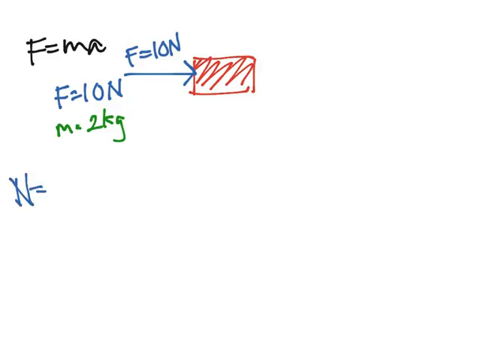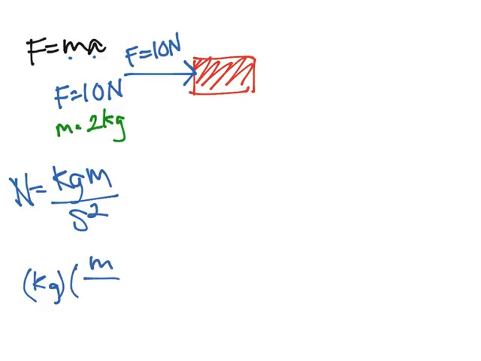Newtons is equal to a kilogram meter over second squared, which if you look at your formula, that makes sense because you're going to have mass, which is in kilograms, times the acceleration, which we know to be in meters per second squared, and then you get kilograms times meters over seconds squared. So those are your units for the newtons. You could also just write 10 kilogram meter per second squared, but that's a mouthful, so we tend to just write the N for newtons.